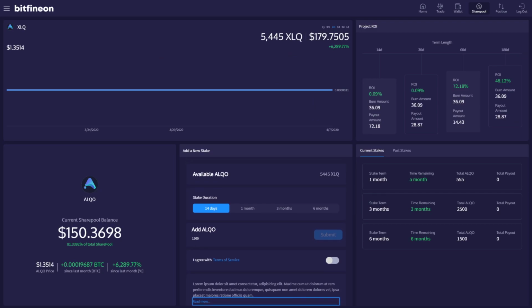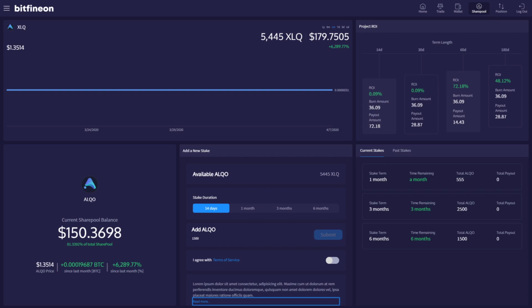I'm super excited to see the Alco ecosystem grow and have people partake in the share pool and grow both Bitfineon and Alco together, right? Because they are bonded together. If you've been an Alco community member for a long time, we've been on the market as a cryptocurrency for 2+ years.